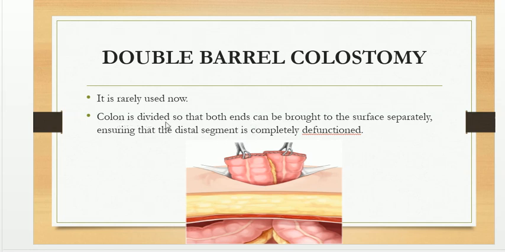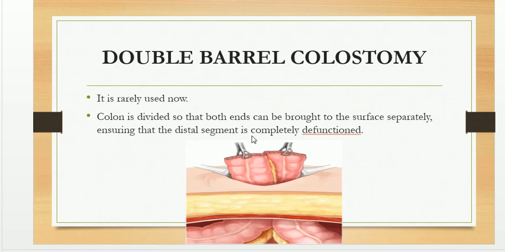So the colon is divided so that both ends can be brought to the surface separately, ensuring that the distal segment is completely defunctioned. This point is very important. In a loop colostomy, it's not 100% diversion. Sometimes, because the posterior wall of the gut is intact, when there is peristalsis from the proximal to the distal segment, it is propagated through the intact posterior wall.